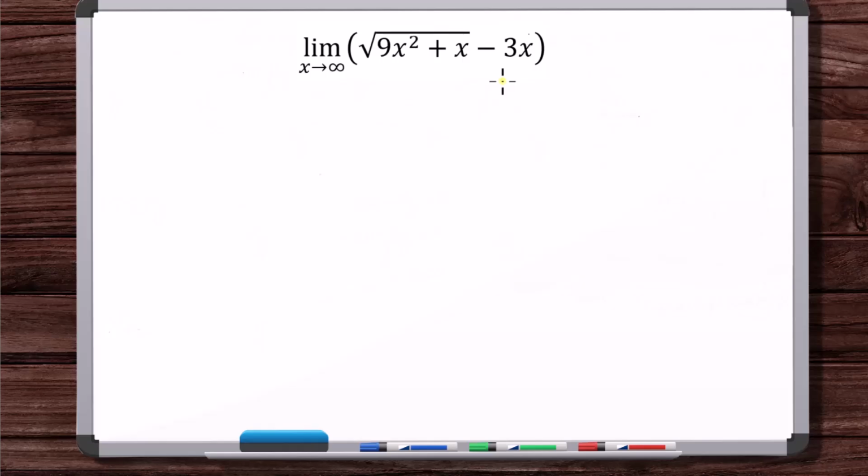The second term doesn't involve a square root, but it could as well. And so the vast majority of the time in undergraduate math, when you've got an expression like this, solving the problem is going to involve the conjugate of this expression. So, to put this expression into a different form, what we want to do is multiply by 1 in the form of the conjugate of this.